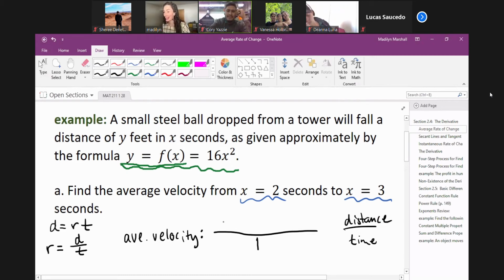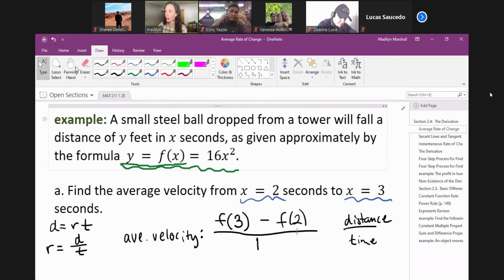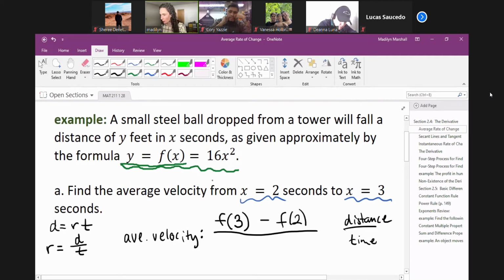But yes, so basically our average velocity is going to be the distance that the ball travels in 3 seconds minus the distance it traveled in 2 seconds. And actually I'm going to erase this 1 for a second just to show what we're doing with this. Divided by the 3 minus 2.